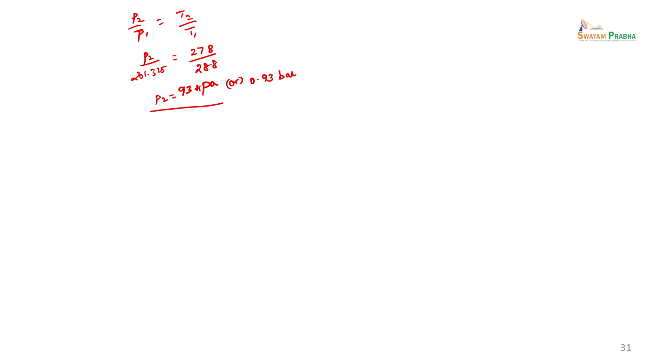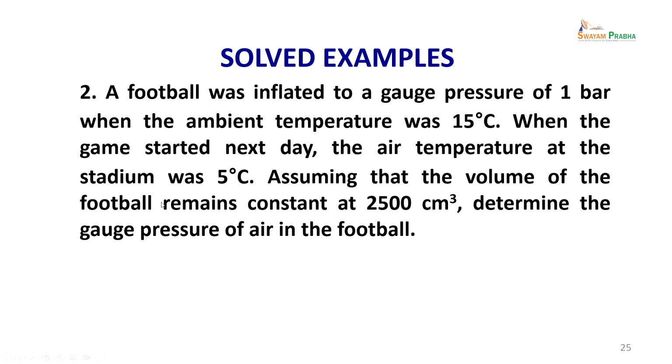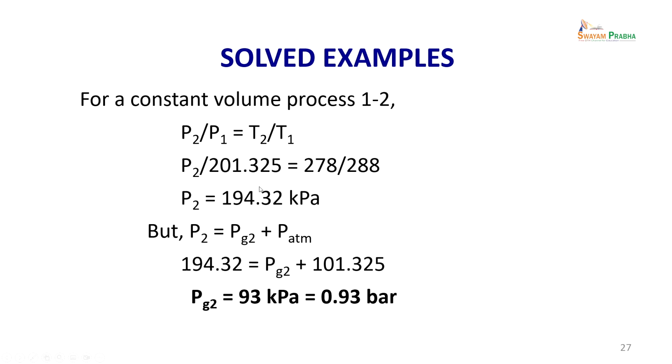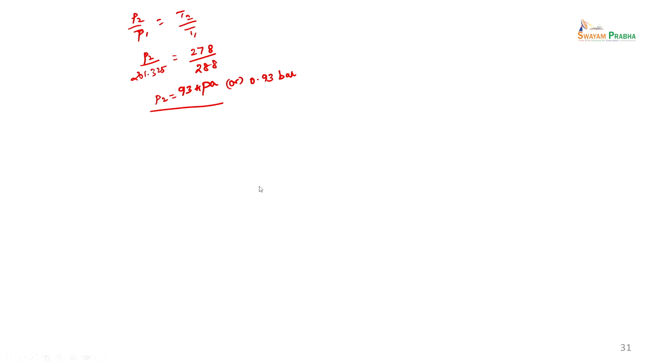Now, in the question we have been asked to find out the gauge pressure. So, again using the same formula which we used to convert gauge pressure into absolute pressure, now the absolute pressure is to be converted into gauge pressure. We can write P2, the absolute pressure at point number 2, is equal to Pg2 plus P atmospheric.